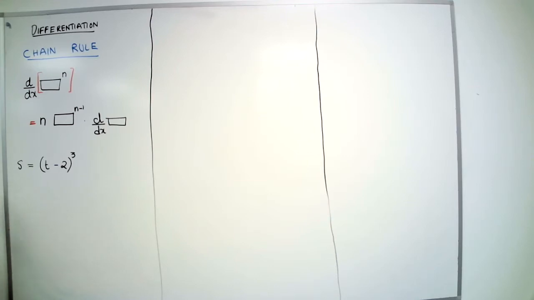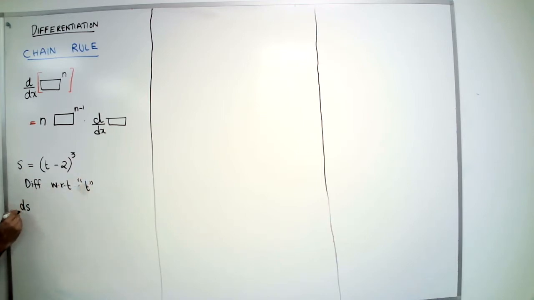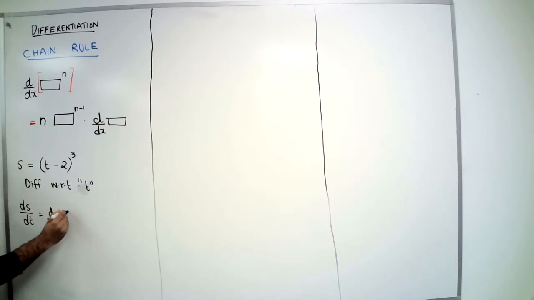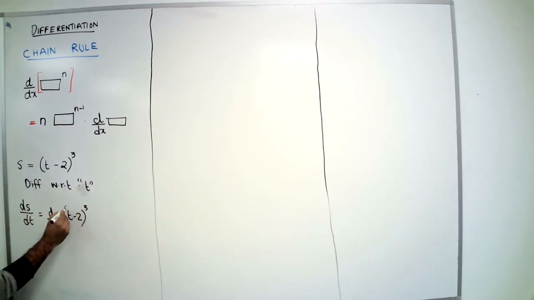Now, I want to differentiate it with respect to t, because the variable is t. So that will become ds over dt. On this side, it's going to be d over dt of t minus 2 cubed. I will do the chain rule, and this is my box.